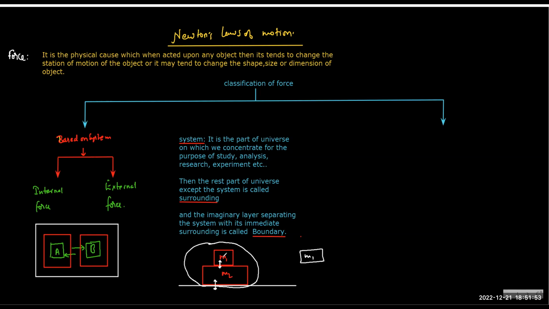But the force of the ground on M2 is external, and the gravitational attraction is also external. So the internal and external idea is clear. It is the assumption. We make a group of objects as one system, and then we look for which force is acting external to that assumption.